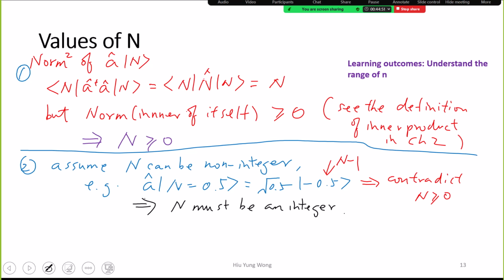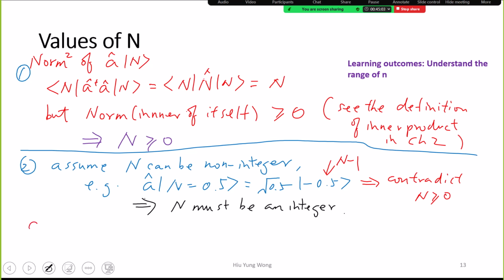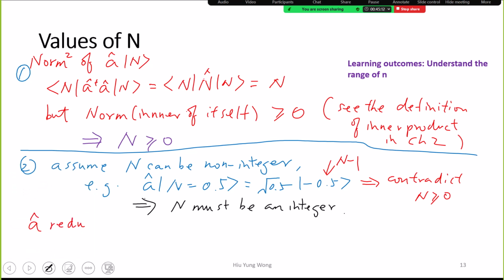And why? You may say, okay, if it's an integer, I keep reducing it, and eventually it becomes the 0 state. So what happens if it is at the 0 state? Applying a reduces n to 0, eventually it becomes 0. I keep applying a. Then what? I still can apply one more time, right? a applied to |0⟩ is allowed, right?